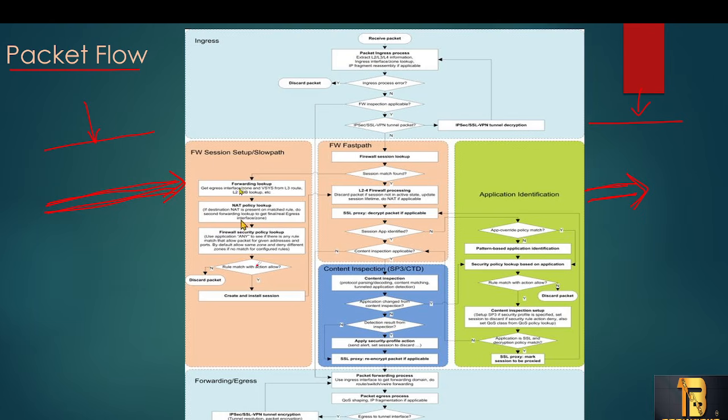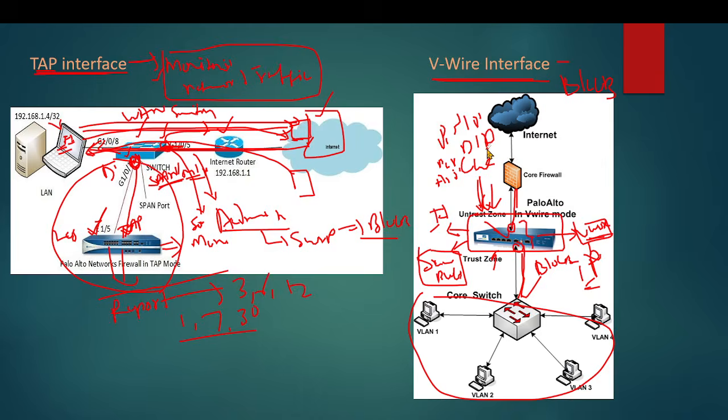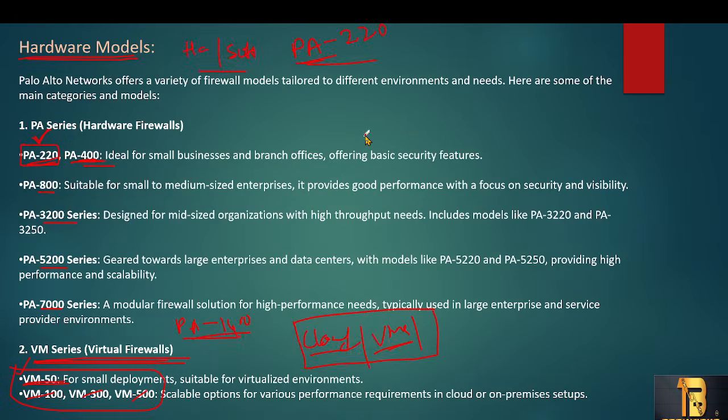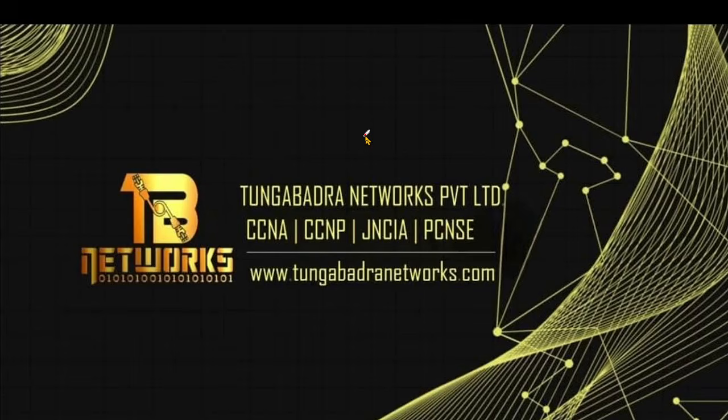If something happens in between, the firewall will not send the traffic out. That decision is taken care of by the firewall using this packet flow process. So please join tomorrow's session, that will be very interesting as well.